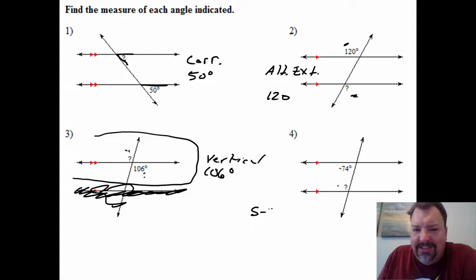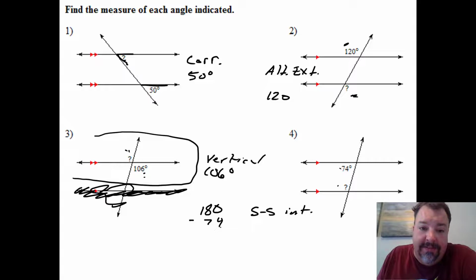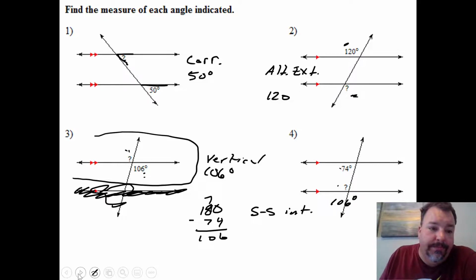So these would be same side interior angles. And same side interior angles add up to 180 degrees. They're supplementary. So same side, we have to take 180 minus 74 and do the math there. We get 106 for the missing angle.